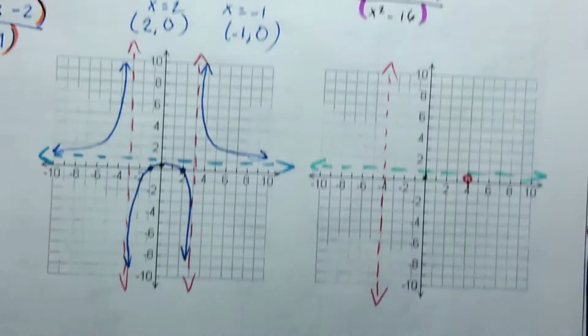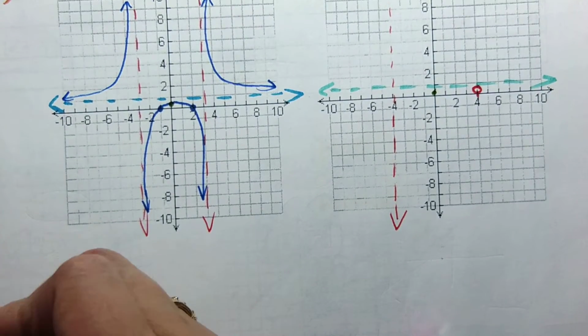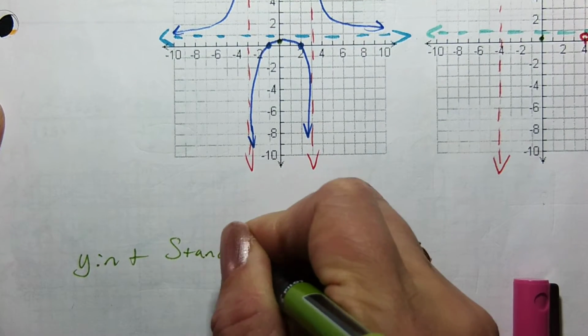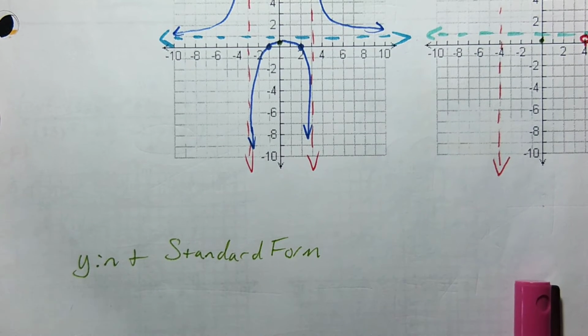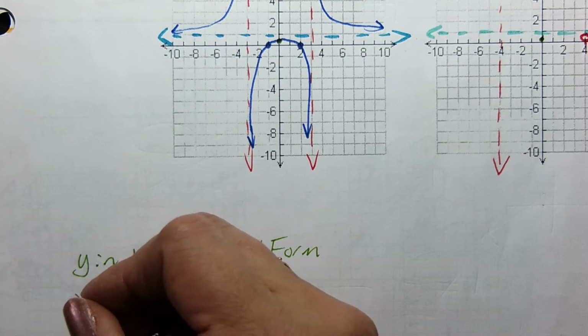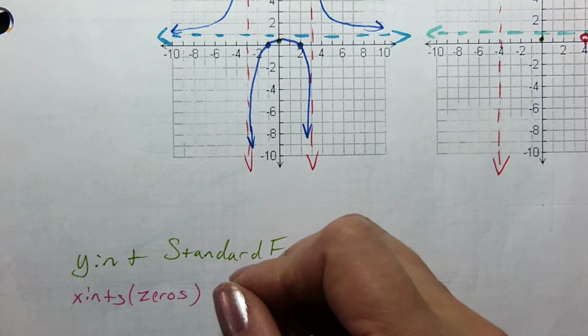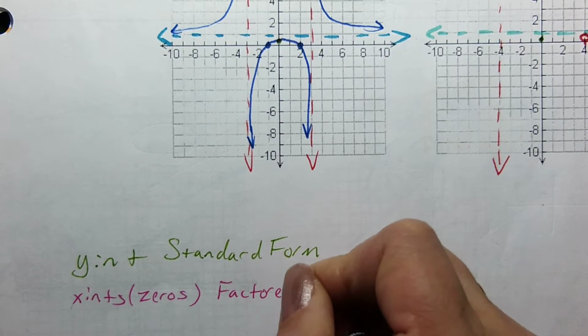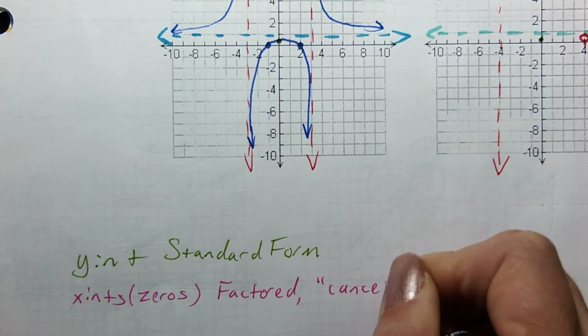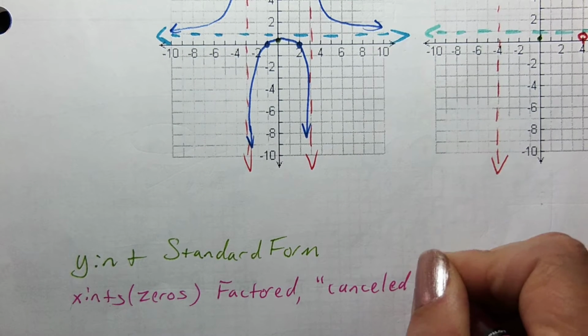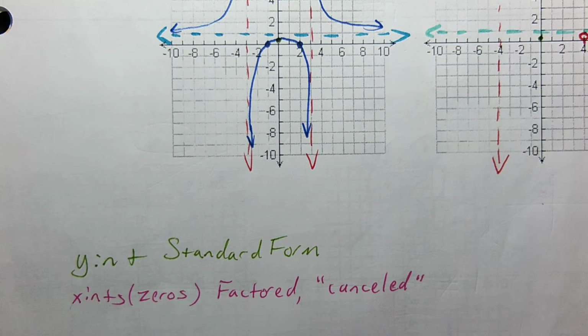So let's put a note down here that for the y-intercept, it is easier to use standard form. And for the x-intercepts, or the zeros, it is easier to use the factored, canceled form. Ooh, 2 L's or 1 L on canceled? 2 L's? Looks good to me. So x-intercepts plug into the factored, canceled equation.